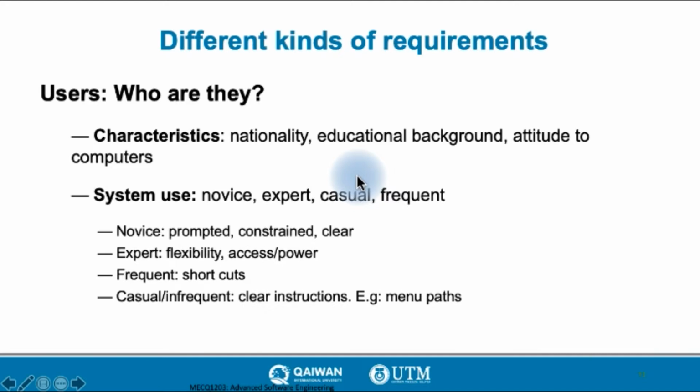So when I target that market, I know what kind of people I'm going to serve. For example, the system users may be experts, beginners, or moderate users. Each one uses my applications differently. So when I develop my new technology, I should know my target market.